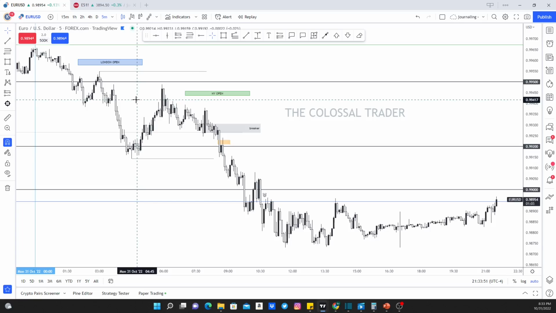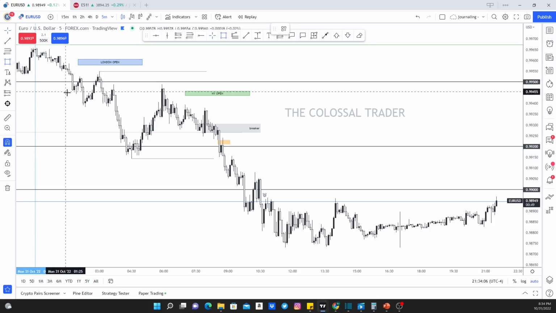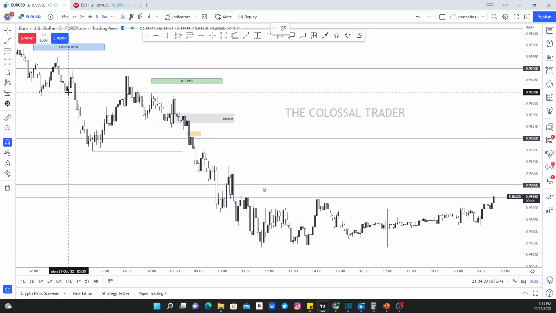Just focus on London session a little bit. Okay, well, I'm going to go ahead and draw it out. And actually, there's not really one in London session that I like.